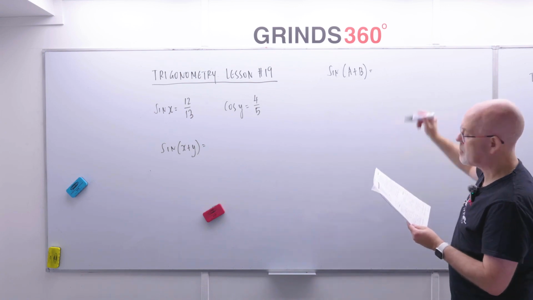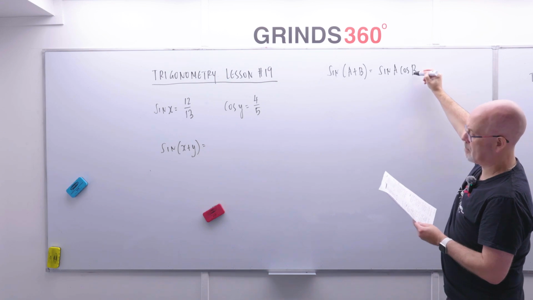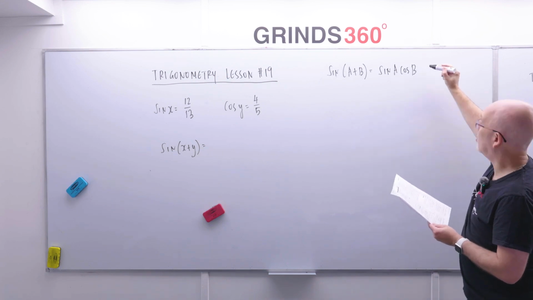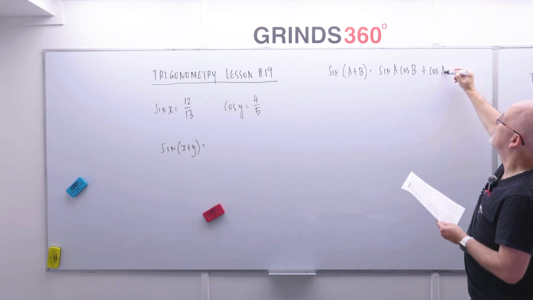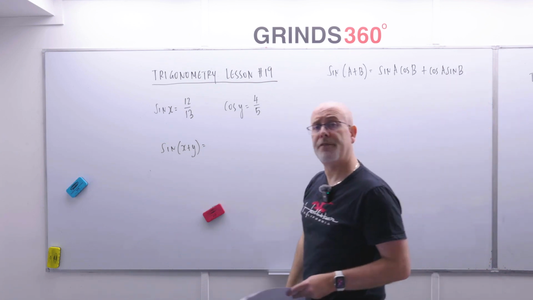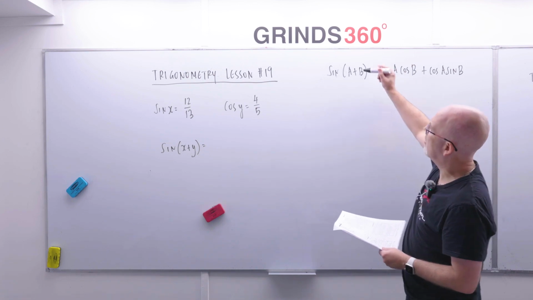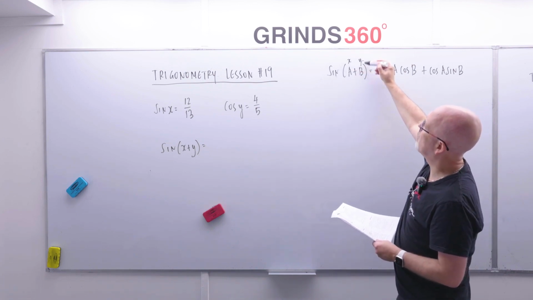Sine A plus B is sine A cosine B plus cosine A sine B. All of these compound angle formulas I'm using here are on the top of page 14 of your formula booklet. So if I apply that here, I'll just replace A with X and B with Y.